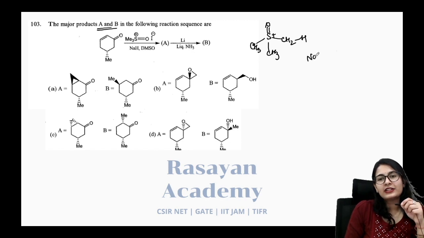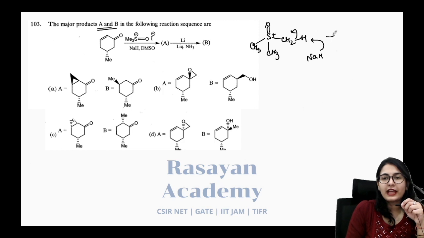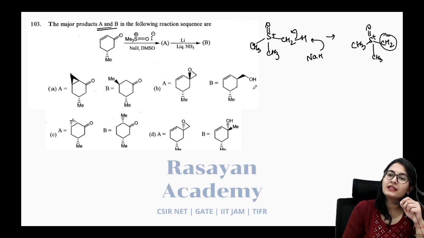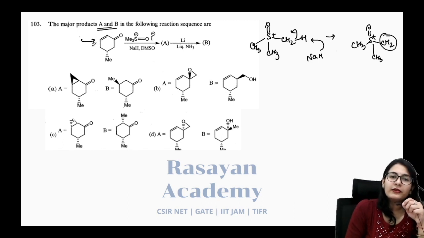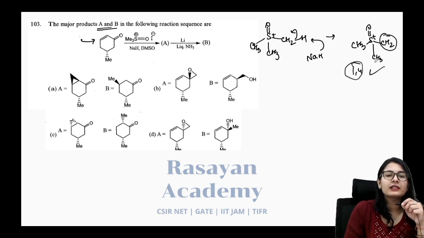Now the NaH, that is your hydride base, is going to take away this proton from here, and then you get the sulfoxonium ylide. Okay, then you get the sulfoxonium ylide, which is going to be transferring the CH2 minus to the 1,4 position, right? It is going to always do the 1,4 attack. Always 1,4 attack, the sulfoxonium, if there is a possibility.